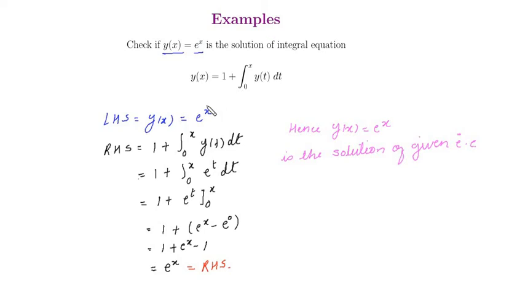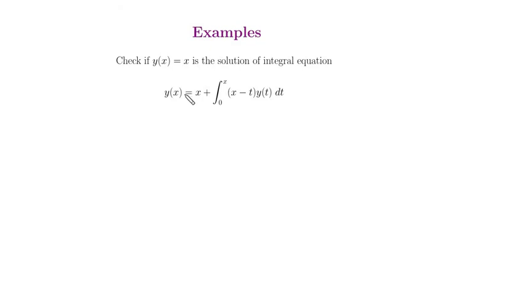Let's go for the next example. For this example, we have to check whether y(x) equals x is the solution of the integral equation y(x) equals x plus integral from 0 to x of (x minus t) y(t) dt. In this case, we have a non-homogeneous Volterra equation, and this kernel is of convolution type, or you can say separable kernel.